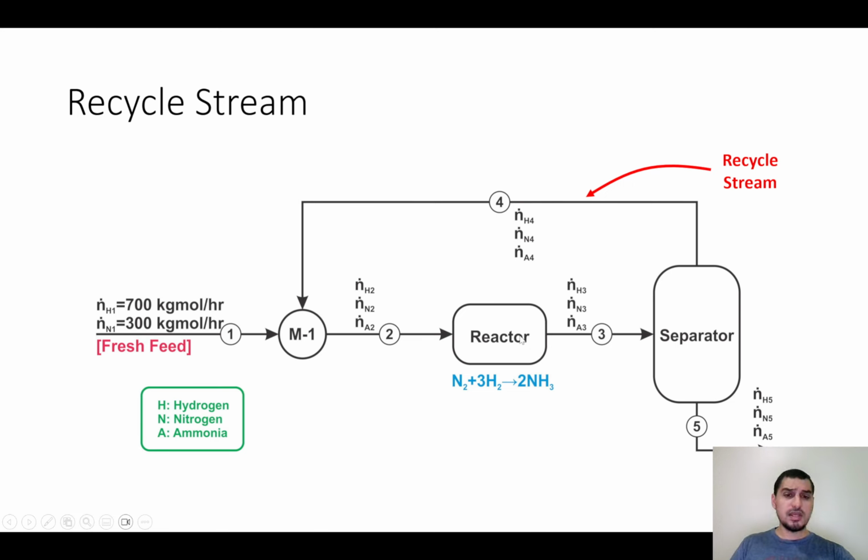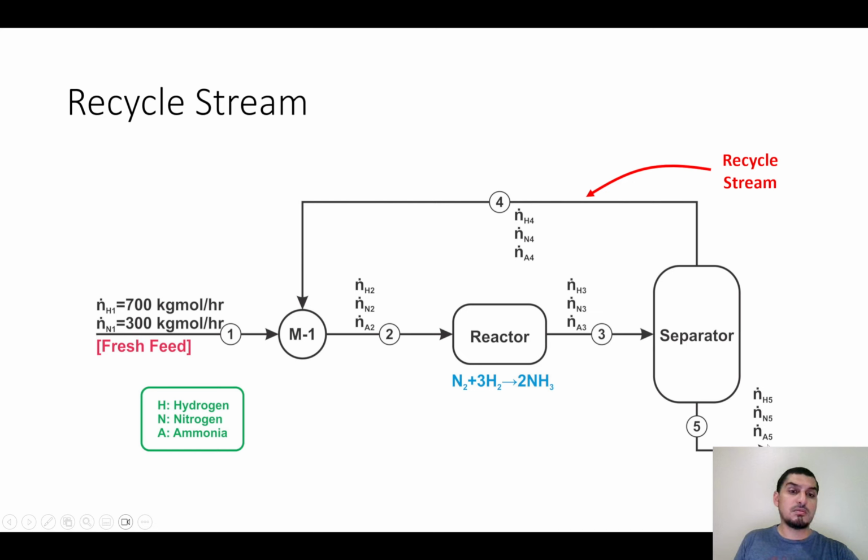And as they go into the reactor, they will pass by the same conditions again, and the reaction is going to proceed. The beautiful thing about the recycle stream is that you will always have the unreacted hydrogen and nitrogen going back to the reactor through this closed loop, and all or most of the ammonia is going to be produced here.